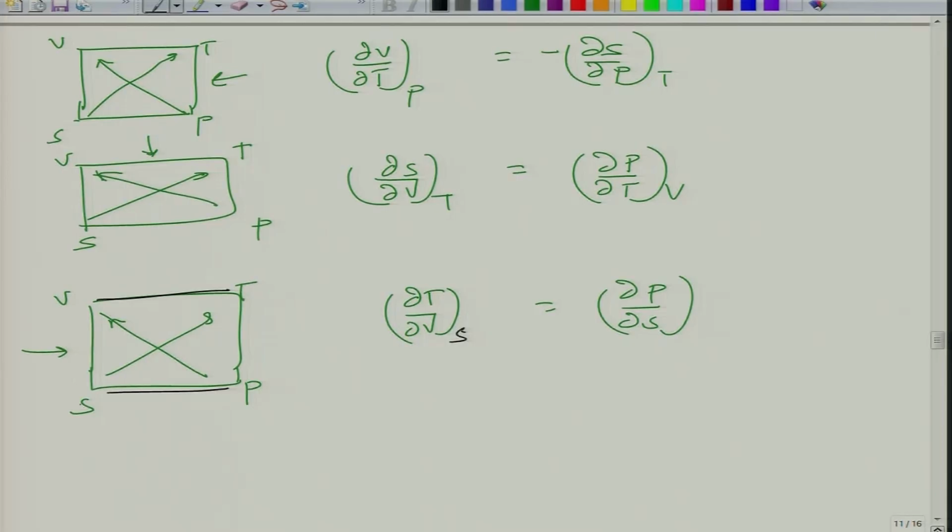For del P by del S, V is constant, but if you look from this side, one of the arrows is pointing towards itself, so there has to be a negative sign somewhere, okay. So, these are the four Maxwell relations which we have evaluated from the bond diagram approach, which could be very useful if you are not able to understand or directly extract it from the thermodynamic expressions the way I was trying to do that. Okay.